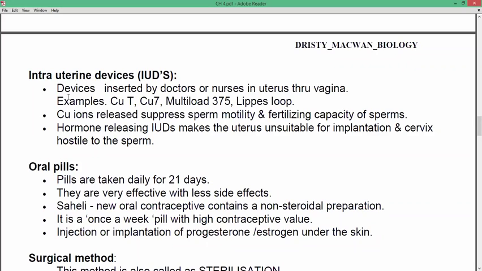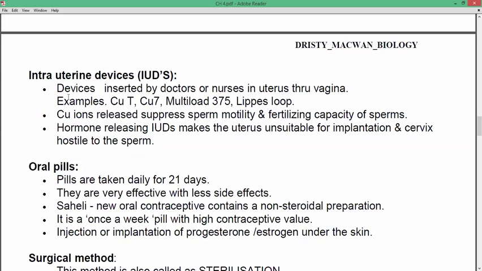So when the copper T is placed, at that time the copper ions are released at the time of ejaculation, and they act upon the sperm and decrease the motility of the sperm as well as the fertilizing capacity, and due to this the sperms are not able to fertilize the ovum.